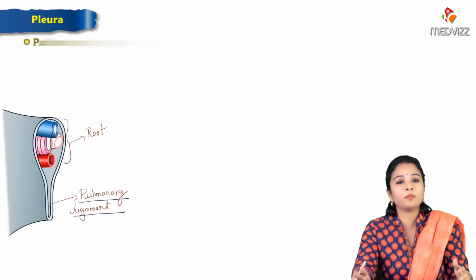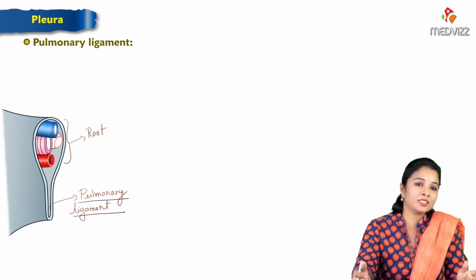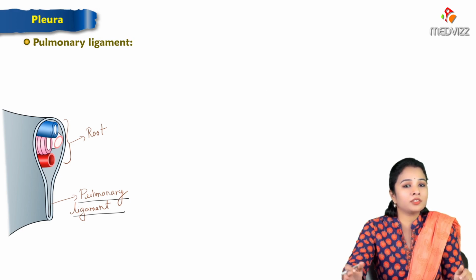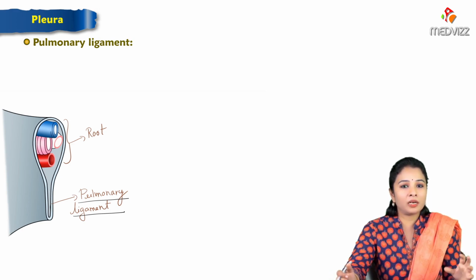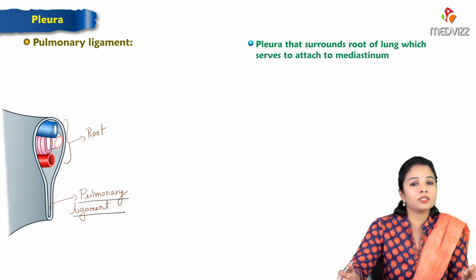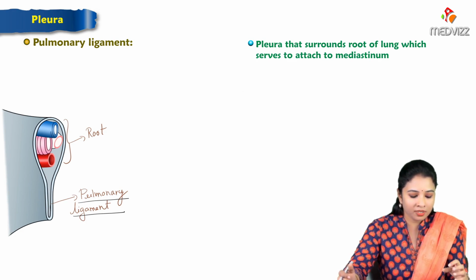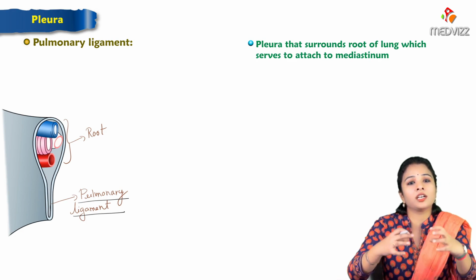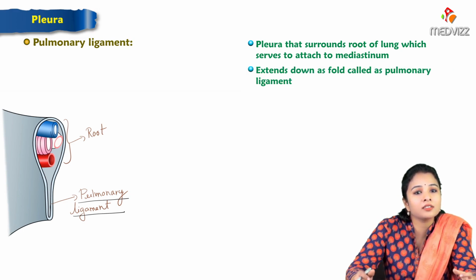Next, moving on to the pulmonary ligament. So we completed with the visceral and the parietal pleura and different subdivisions of parietal pleura. So moving on to this pulmonary ligament, the pleura that surrounds the root of the lung, which serves to attach the lung to the mediastinum, means this is the root of the lung which connects the mediastinum to the lungs, and it extends downwards as a fold, which is called as pulmonary ligament.